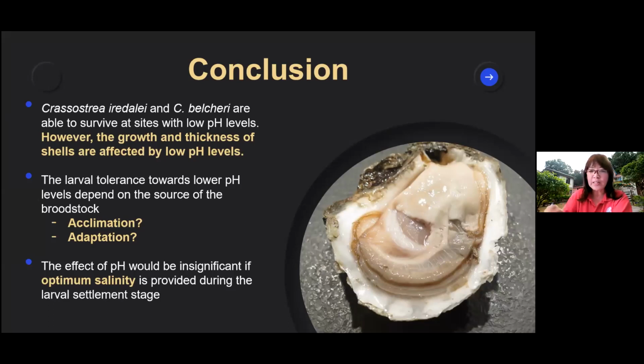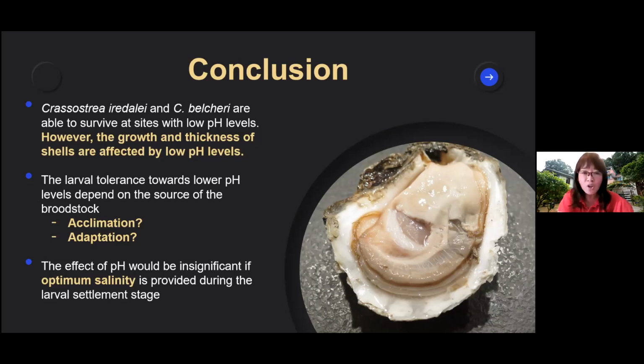But I would like to mention here, although I do not present it, that if we were to transplant the oysters with thinner shells back to the pH of 8.3, the normal marine pH, the shells are able to become thicker, back to their original thickness, instead of being brittle and thin. That means the response is reversible, it can be returned back to normal.